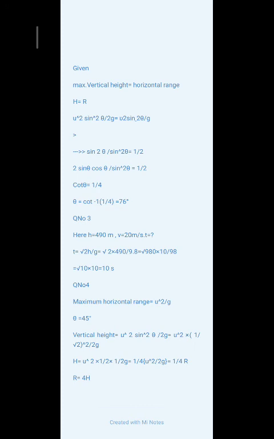So u square into 1 by root 2 square by 2g. That is H equal to u square into 1 by 2 into 1 by 2g, that is 1 by 4 u square by g, not 2g. So it is 1 by 4 of R, and so R is equal to 4H.